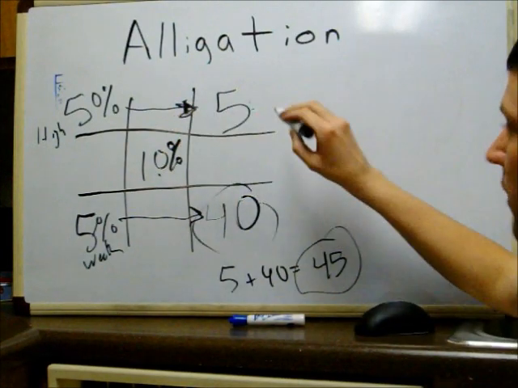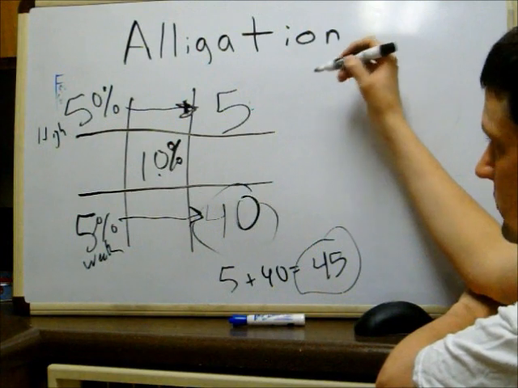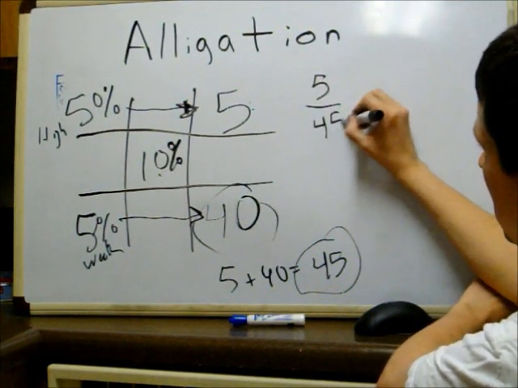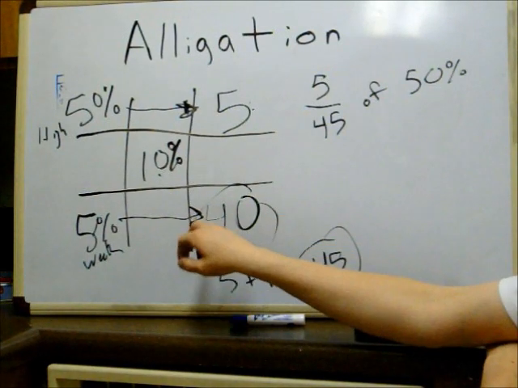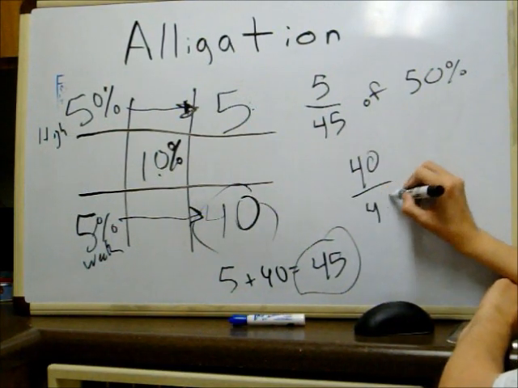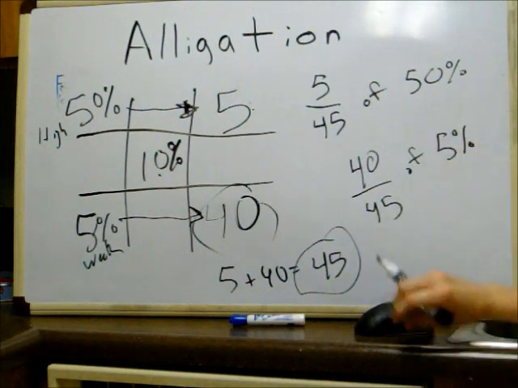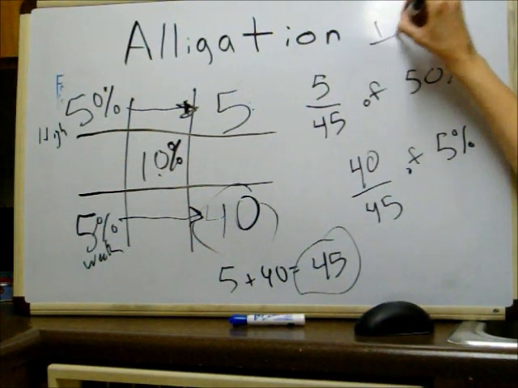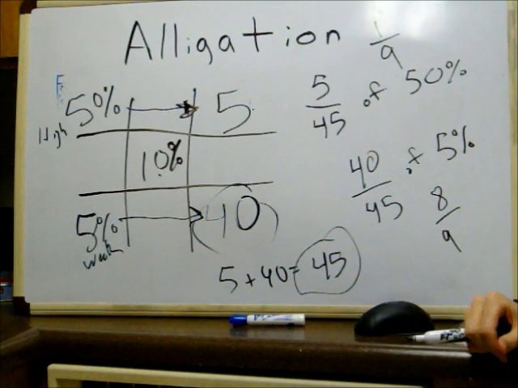Okay, so that means that 5 out of these 45 parts are the concentrated 50%. And then same thing with the 5%. So we're doing 40 over 45 of the 5%. If we want, we can reduce this down to 1/9 or 8/9.